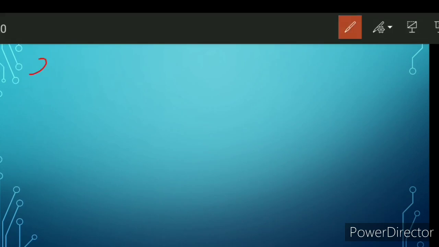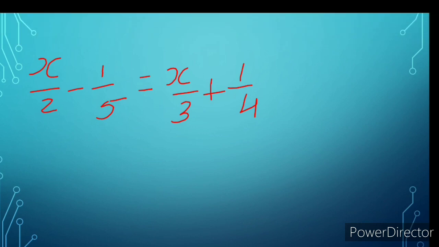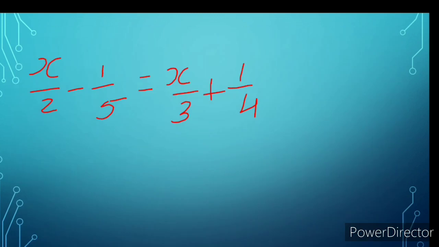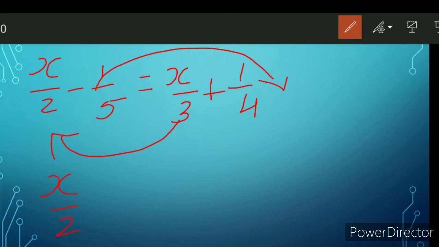The equation is x by 2 minus 1 by 5 is equal to x by 3 plus 1 by 4, right? It is our equation. Now, first step we will transpose variable terms to the left hand side and number terms to the right hand side. x by 2 is already on the left hand side, write as it is. x by 3 brought to this side will become minus x by 3.